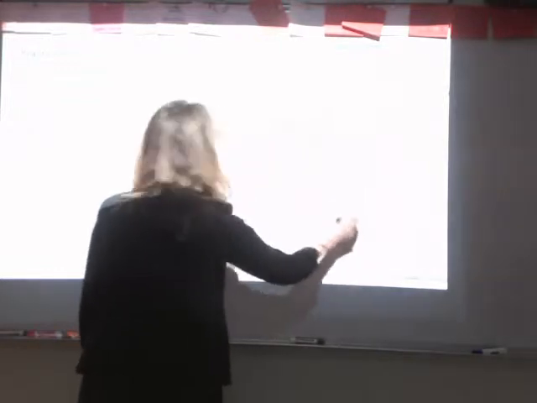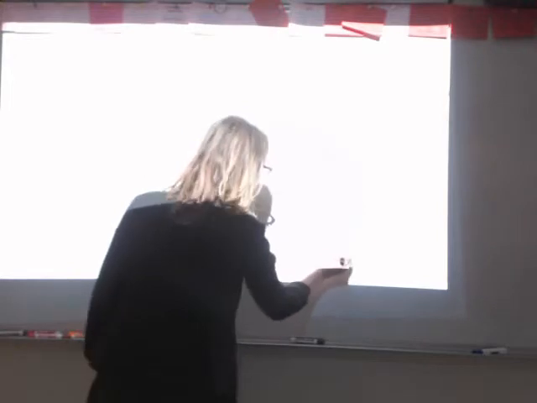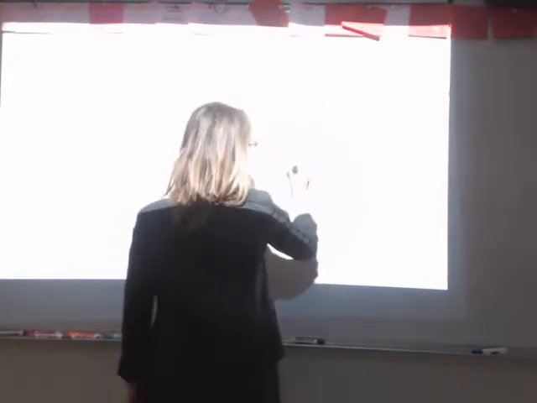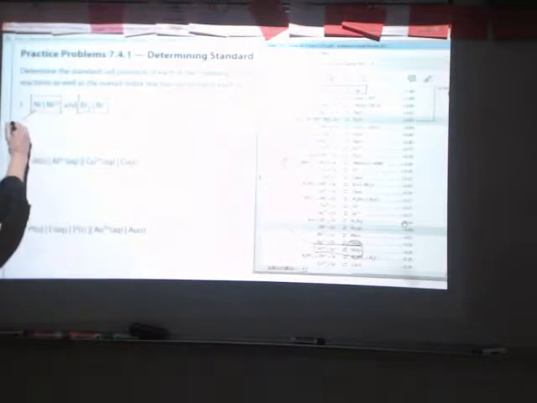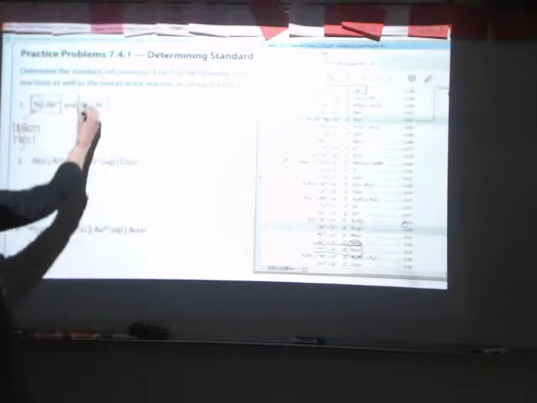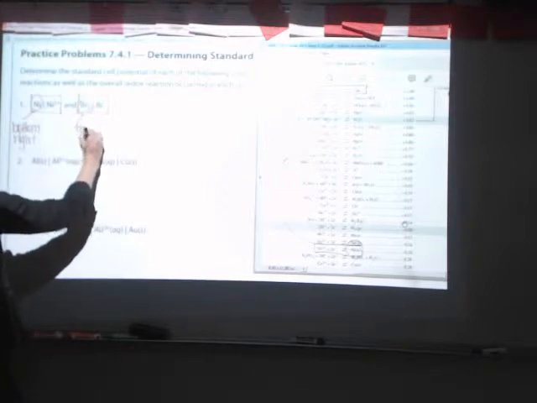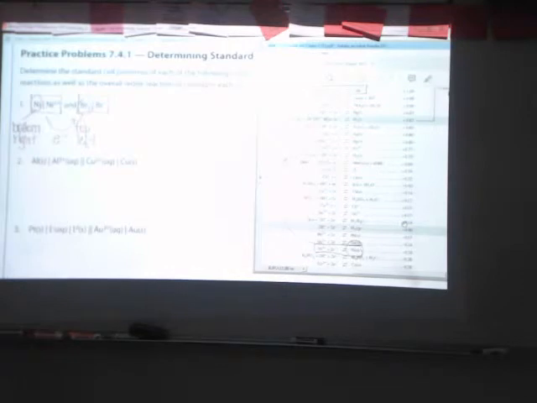Here's your nickel solid. And then you've got your bromine half cell here. So your electrons will flow in this direction, from your nickel solid, which is at the bottom right, to Br2, which is at the top left. Does that make sense?